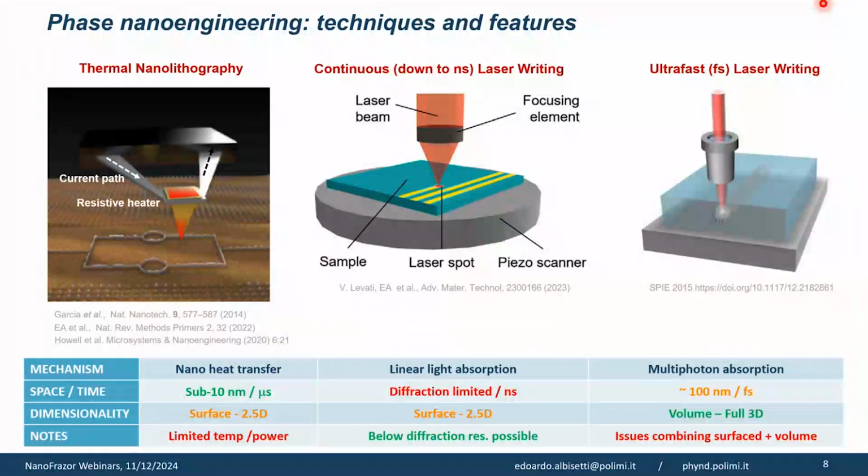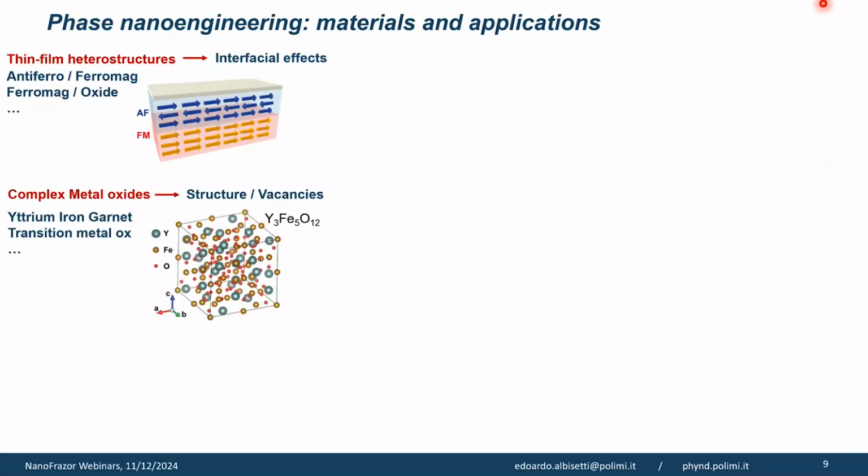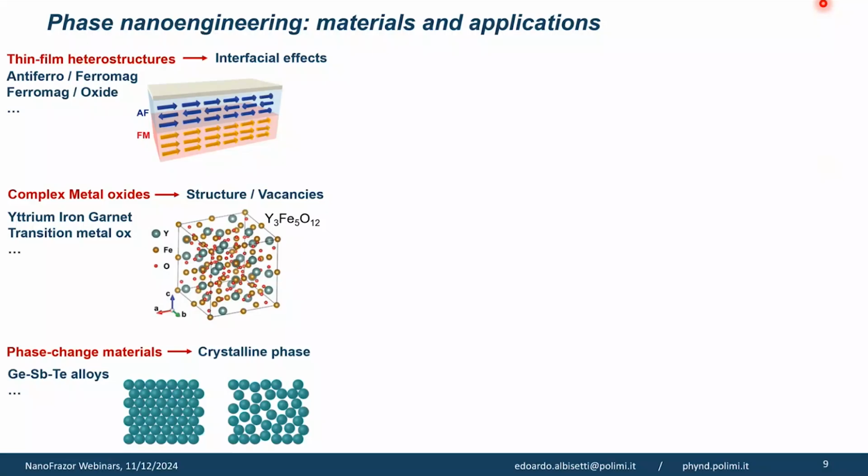And about this, of course, coupled to the techniques, there must be the right material. So materials that are sensitive to these transitions, to this type of mechanisms that we were talking about. And throughout these few years, we identified 3 categories, starting from the first one, the one where we started working.